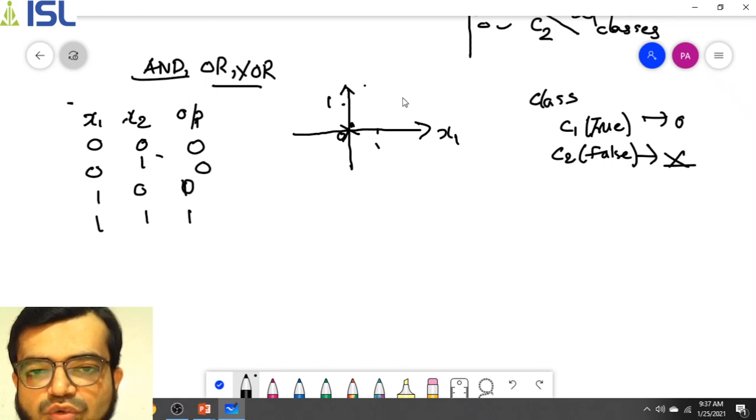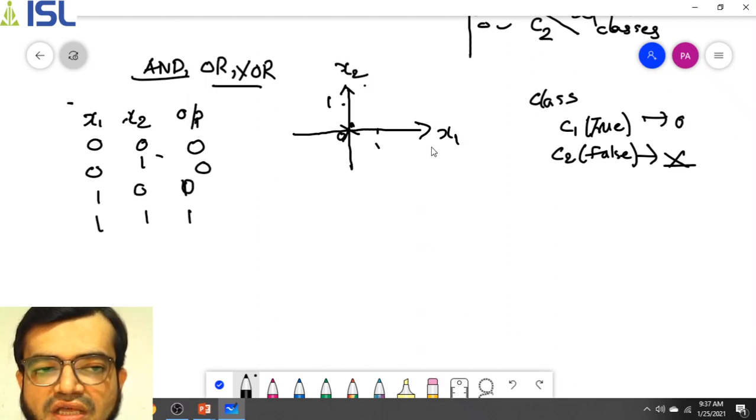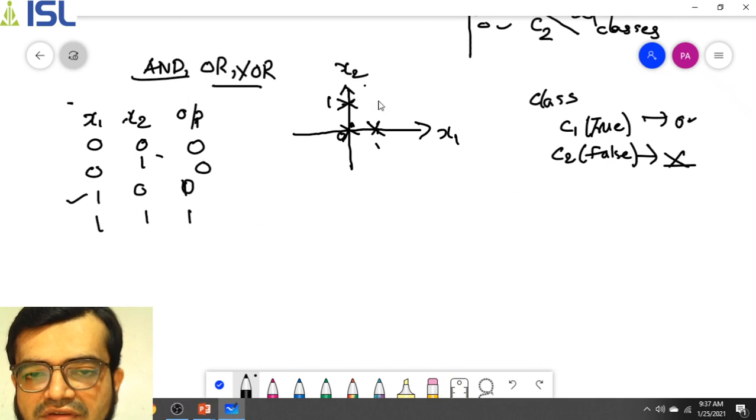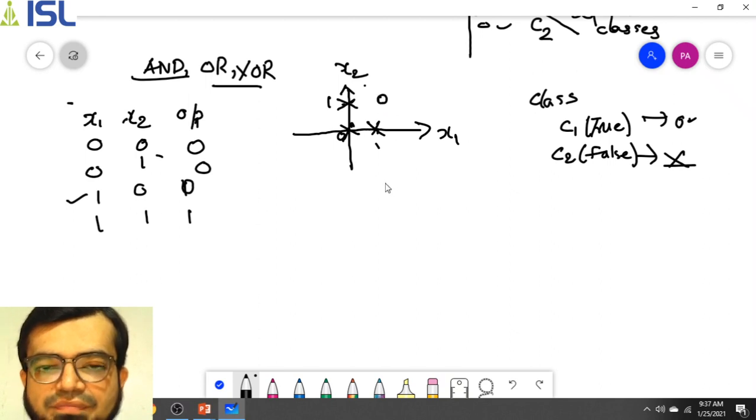If I take this as x1 and this as x2, now x1 is 0 and x2 is 1, so it will be pointing here. The third one, 1 0, means x1 is 1 and x2 is 0, so I can take it this way. And finally 1 1 gives you 1, so when it gives 1 you take the circle representation, so I'm taking it here like this.